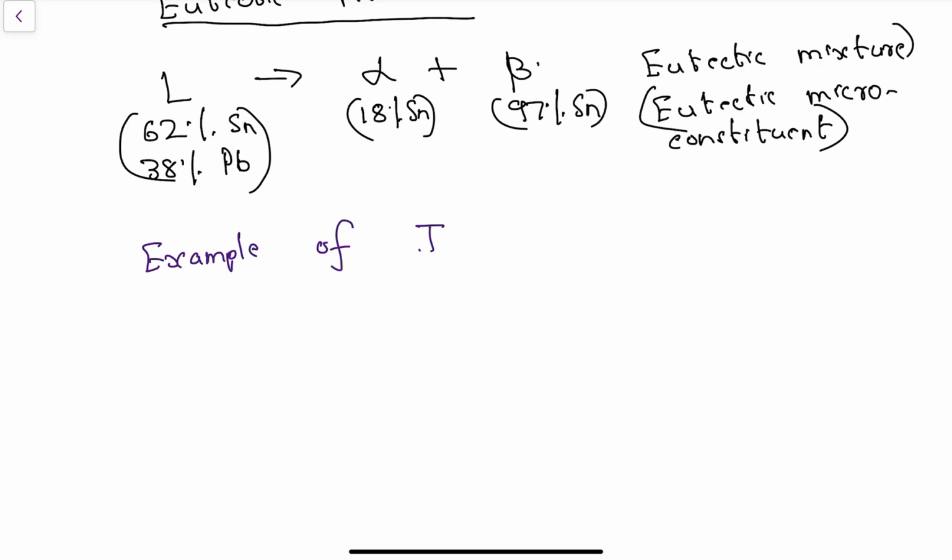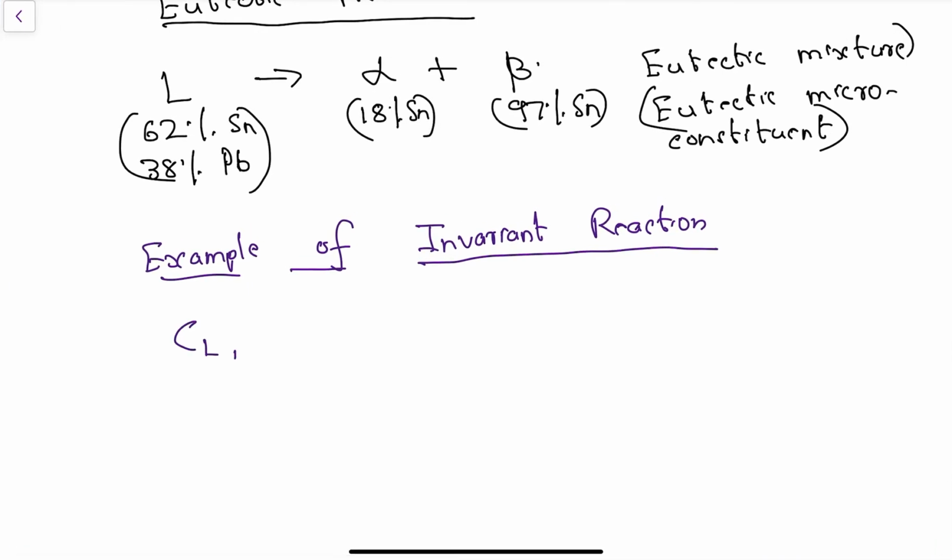Why is it called an invariant reaction? Invariant reaction means you cannot vary any parameters. You cannot change the composition of the liquid, the composition of alpha, the composition of beta, or the temperature. All of these will be constant.